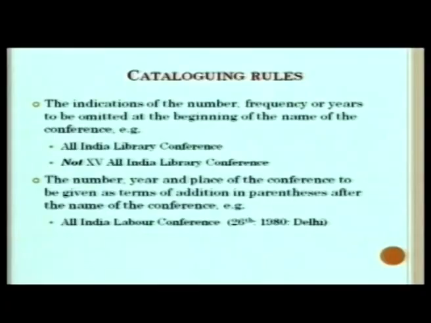So, here it is very clear that it is the 26th All India Labour Conference held in Delhi in the year 1980. That has to be divided into parts and written in this way. This is the rule to be followed for writing the name of the conference in the main entry.